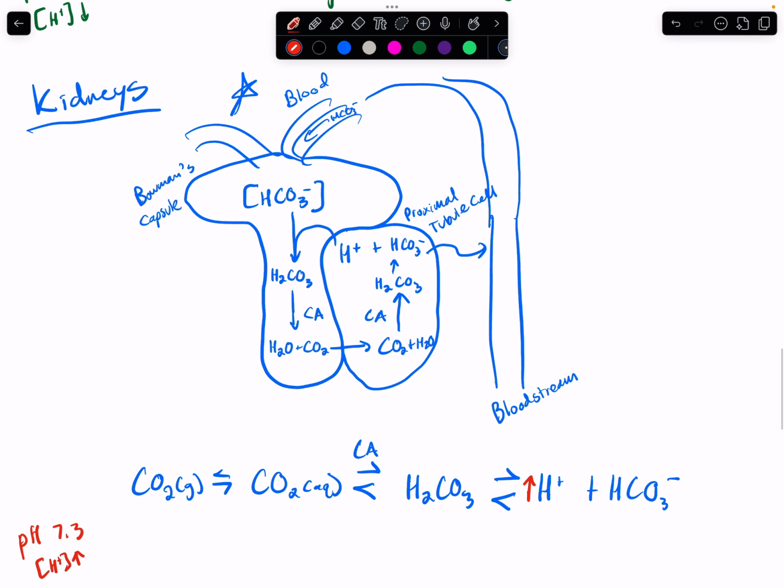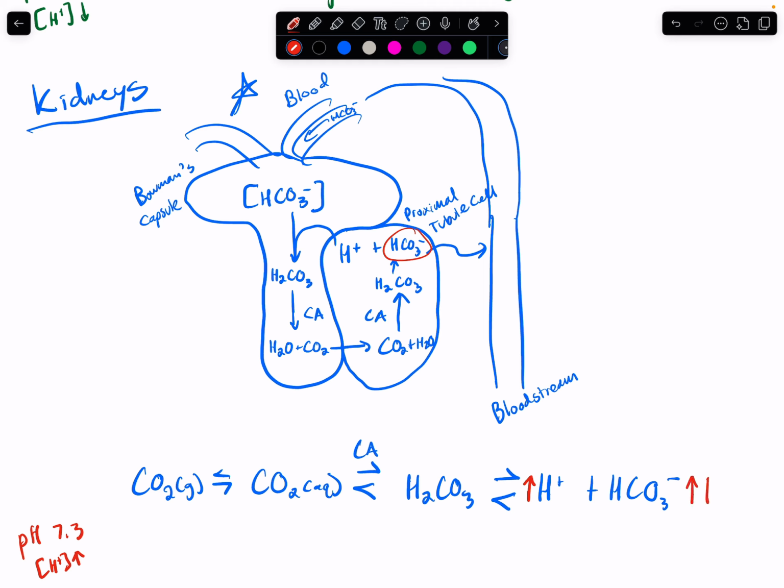I'm going to try to make sure everything's in view. If our hydrogen ion concentration is higher than normal, we're going to want to get that lower. And so we're now using bicarbonate as our kind of tool to change the pH. By Le Chatelier's principle, we're going to release a lot of this HCO3 into the bloodstream.